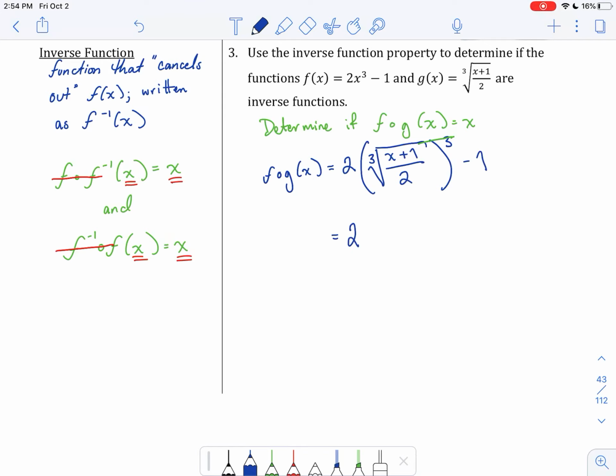They are inverse operations. And we're left with 2 times x plus 1 over 2 minus 1. Multiplication and division cancel out because they are inverse operations. You'll notice using inverses a lot here. Then we have x plus 1 minus 1, which will cancel out. And we're left with just x, meaning that f and g are in fact inverses.